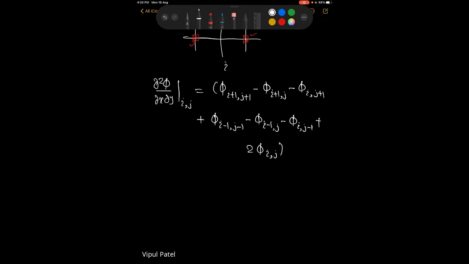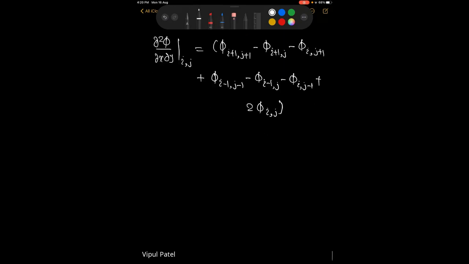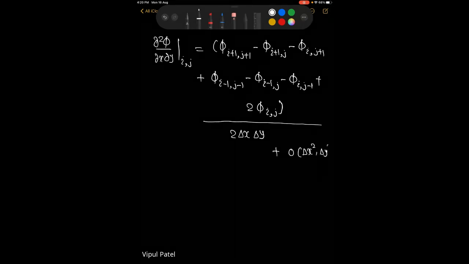Okay, and this whole bracket will be divided by 2 delta x delta y, and this particular formulation is of order of accuracy delta x square delta y square.